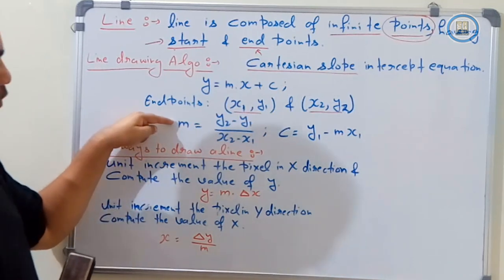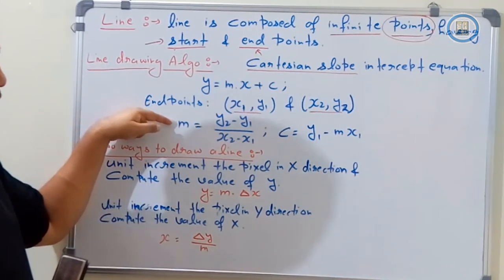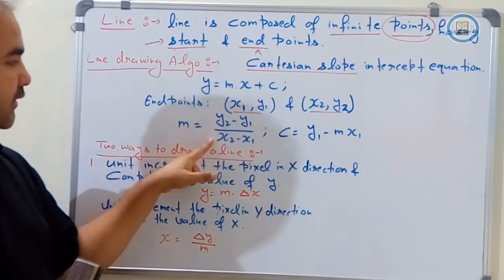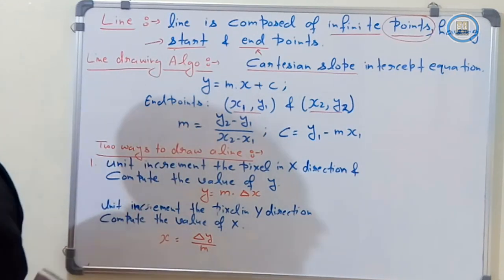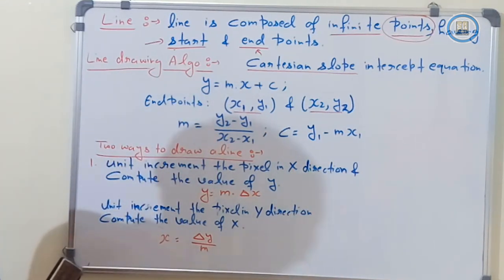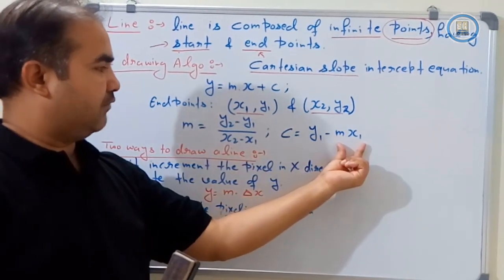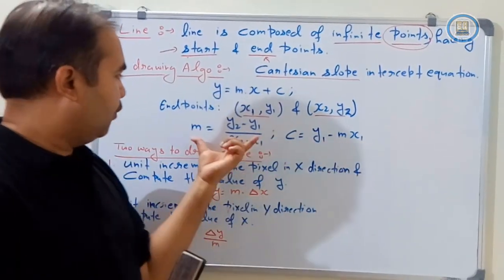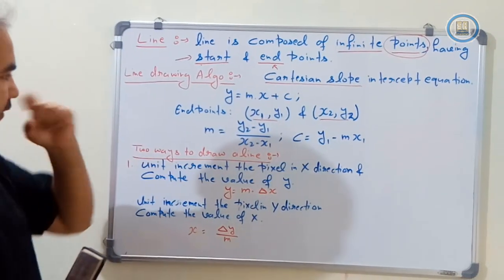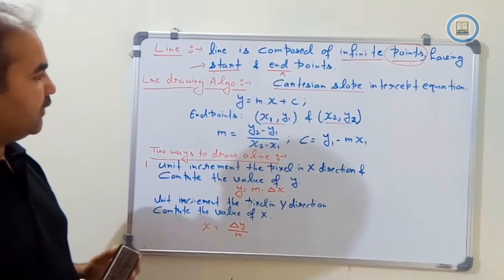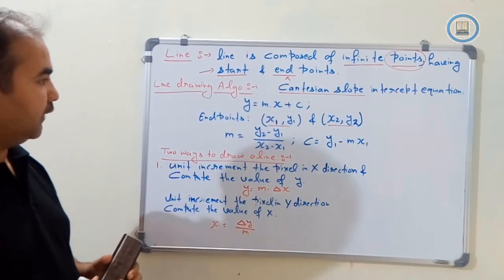We can calculate the slope m = (y2 - y1) / (x2 - x1), which is tan theta in geometry, and the constant c = y1 - m x1. With these values we can calculate the different pixels or points on the mathematical line.